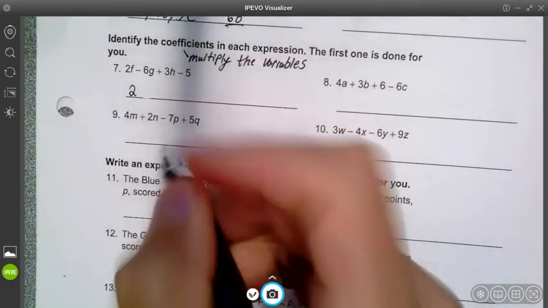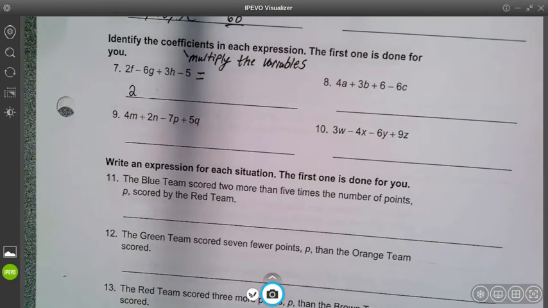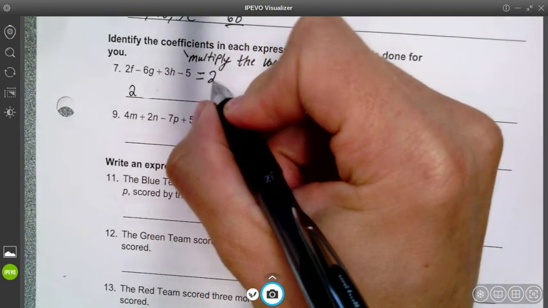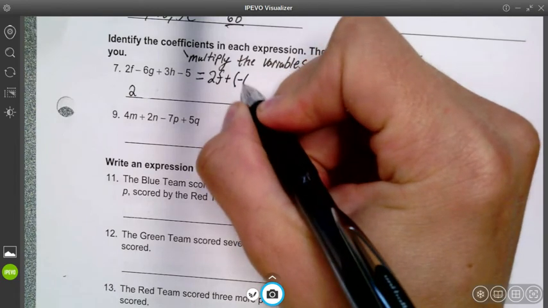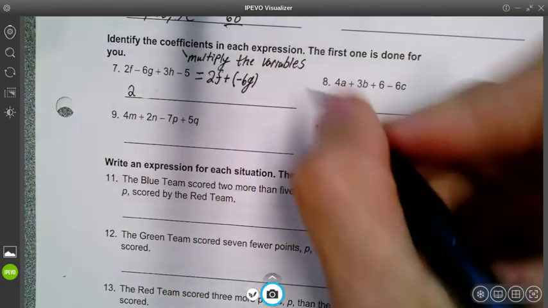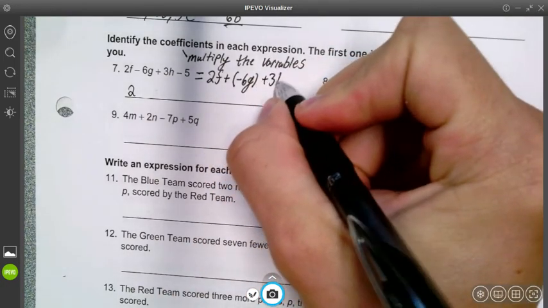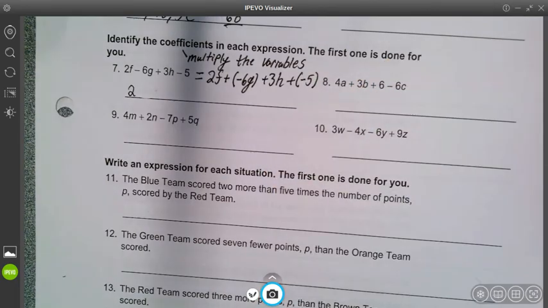It's 2 times f. Now I do want to rewrite this here because I see lots of subtraction. So it's important that I write it as 2f plus -6g. Remember, if I'm subtracting, it's the same as adding the opposite, plus 3h plus -5.